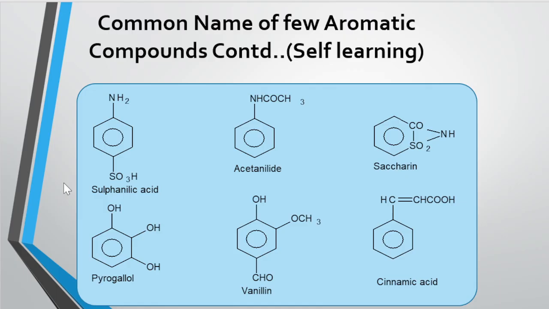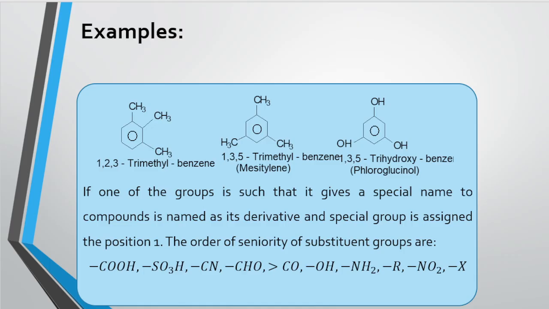Next, the common names of a few more aromatic compounds: sulfanilic acid, acetanilide, saccharin, cinnamic acid, vanillin, pyrogallol. See, we have seen already phloroglucinol, where the OH groups are alternately located.